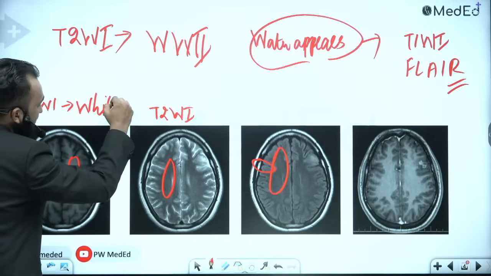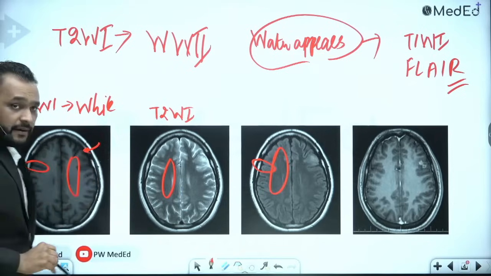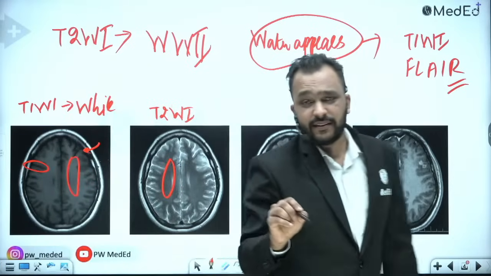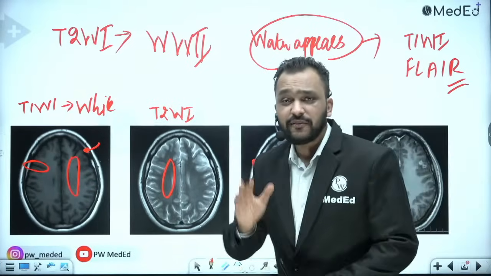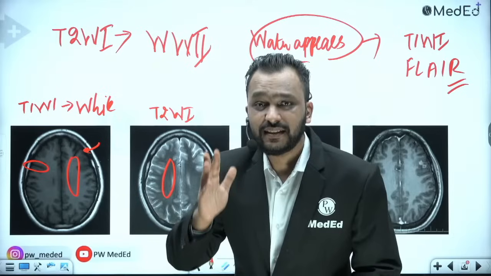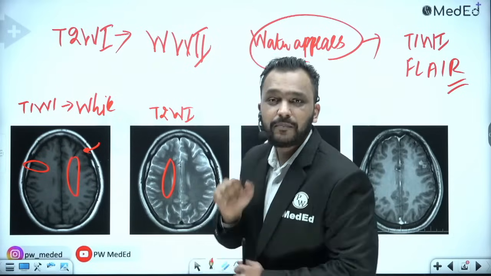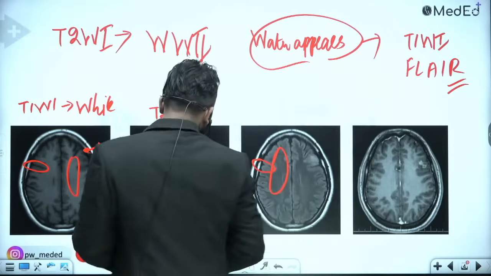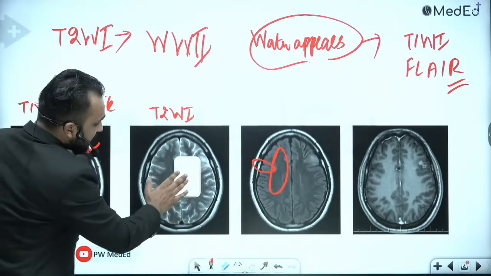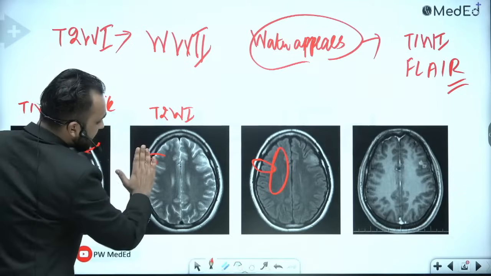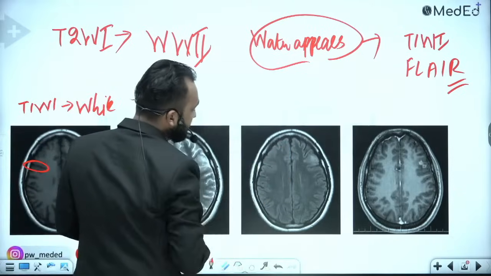White matter is brighter than your gray matter. But on a FLAIR image, what does FLAIR stand for? Fluid attenuated inversion recovery sequence. Basically, your fluid signal is suppressed from the T2 weighted image. This is a T2 weighted image. We will suppress the fluid and then we will get a FLAIR image.